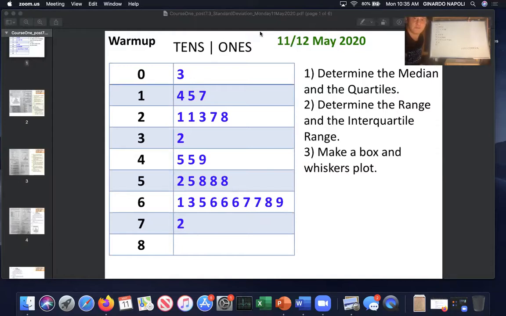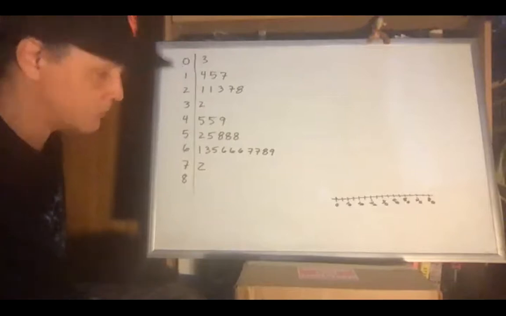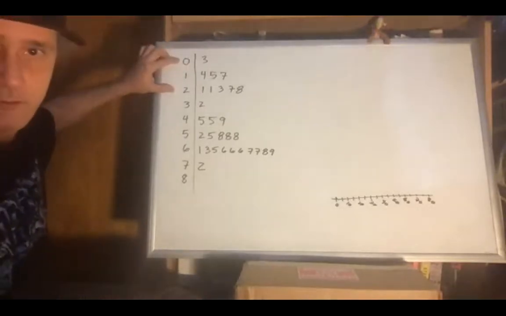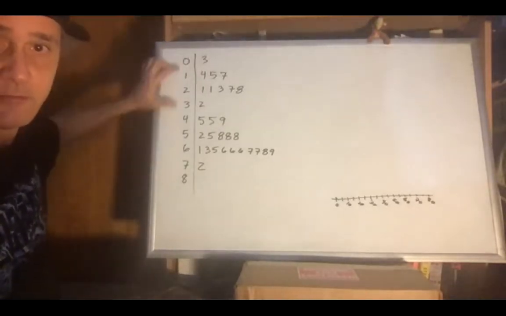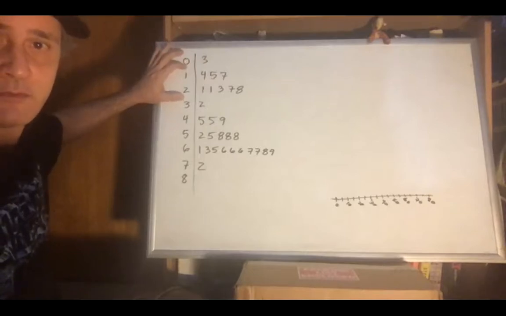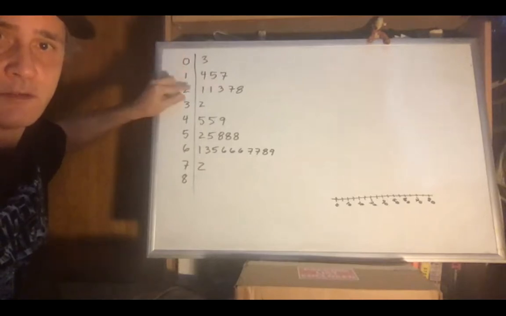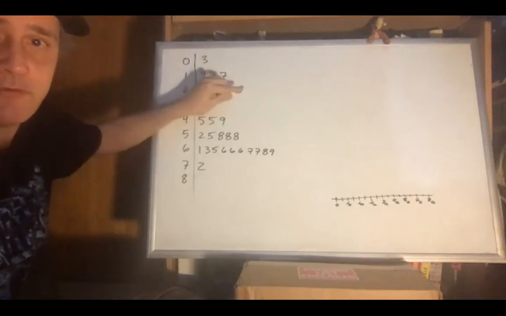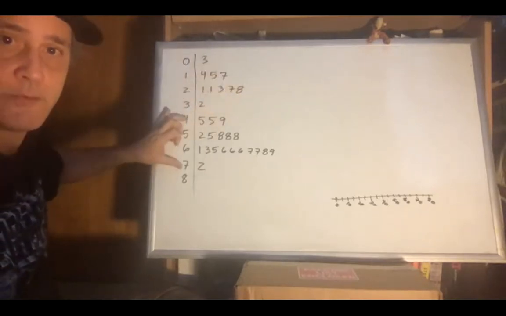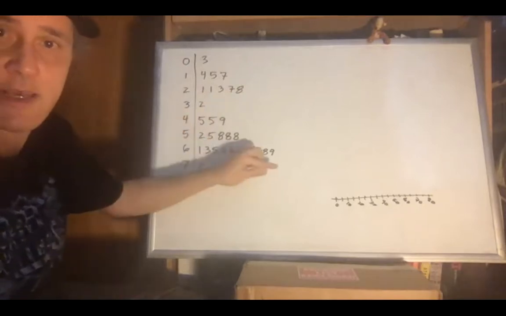Okay, I already have this on the board, so we'll go back here. Now, if we made a quick bar graph or histogram of this, just to get a visualization, notice that there's a bunch of numbers down here on the lower end, and the most would be in the 20s, which was 5. And then here on the upper end, there's a bunch of numbers, and the most there would be the 60s, of which there are 10.